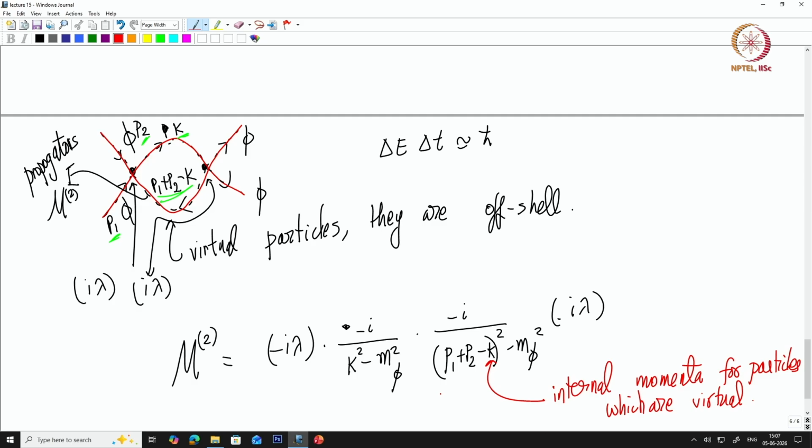They are eigenstates of the free Lagrangian, but they do not lie on the momentum shell. And these ones are external particles, which are in and out states.